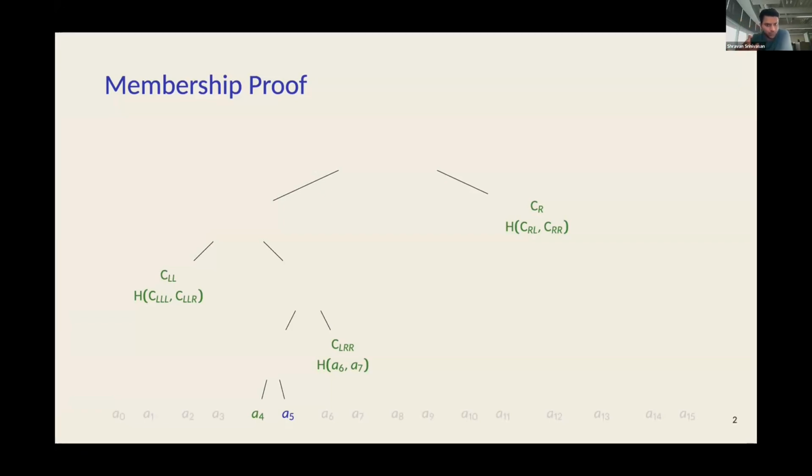Once you have these green values, any verifier can reconstruct the path from the leaf all the way to the root and reconstruct the digest of the tree. Given a known digest, a verifier can check whether this reconstructed digest matches what the verifier already has, and decide to accept or reject this membership proof.